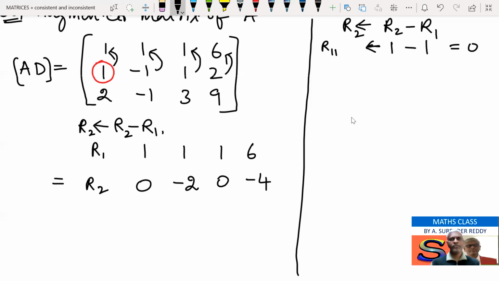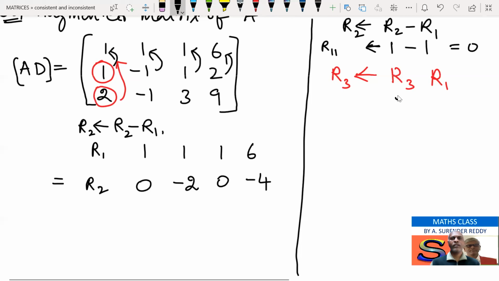So in the second step, we have to convert the first element in R3 as 0. So again we have to convert R3 so that the first element becomes 0. This is R3 with the help of R1 only. Here take 2 and 1.